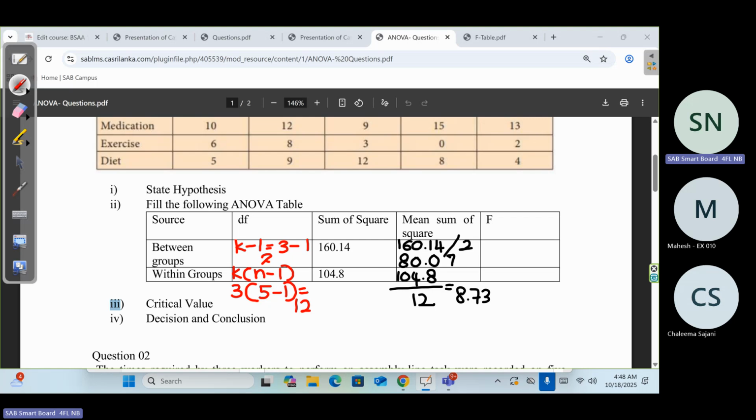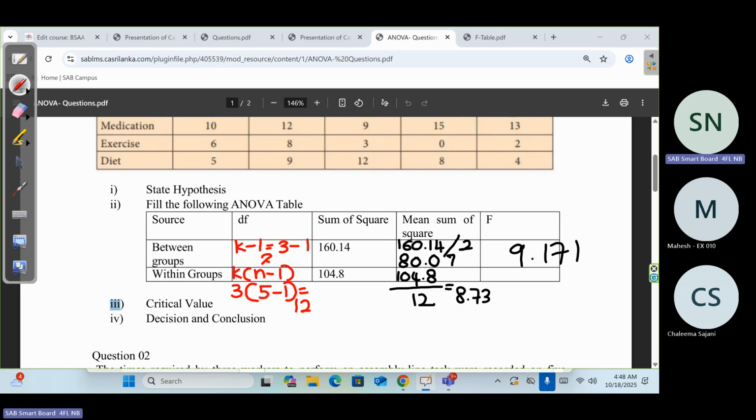Then what is the F value? How do we get the F value? 80.07 divided by 8.76. Mean sum of square between groups divided by mean sum of squares within groups.